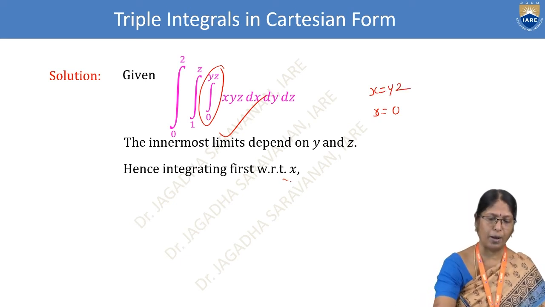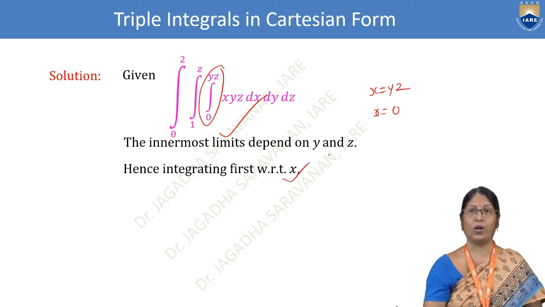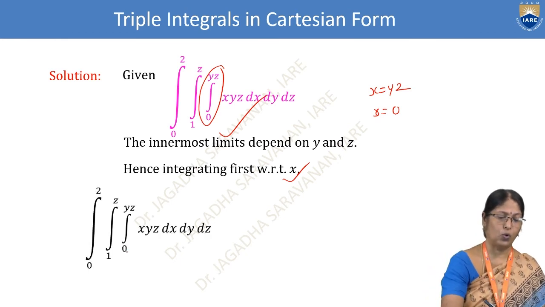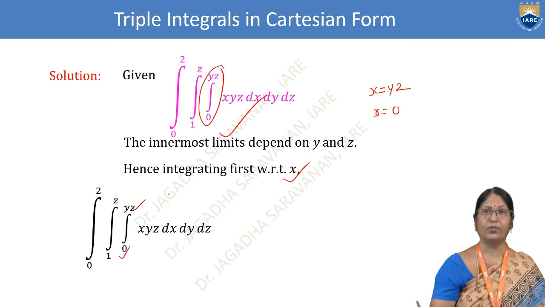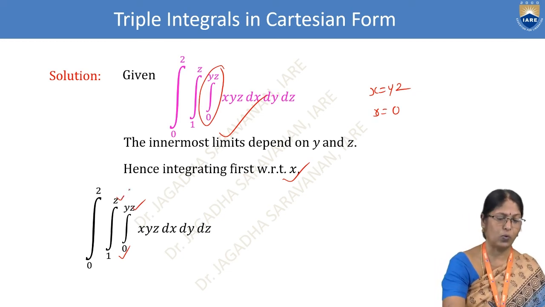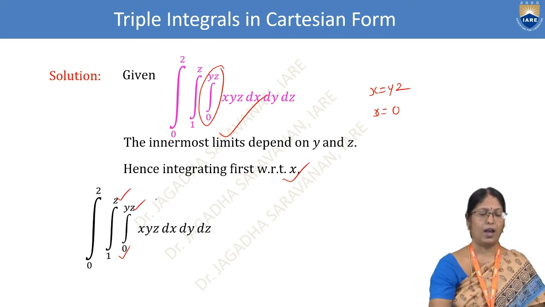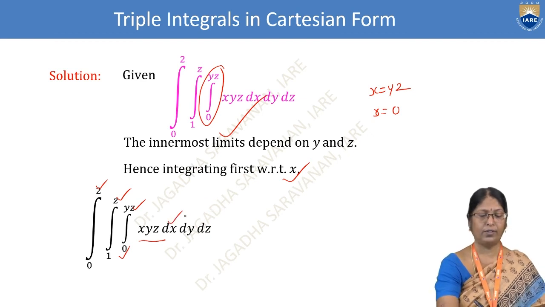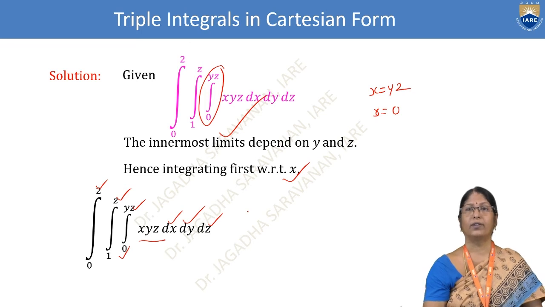Then we have to do the integration compulsorily with respect to x only. So from 0 to yz, the next one 1 to z and 0 to 2. The function is xyz with respect to x first, next y, the last one with respect to z.